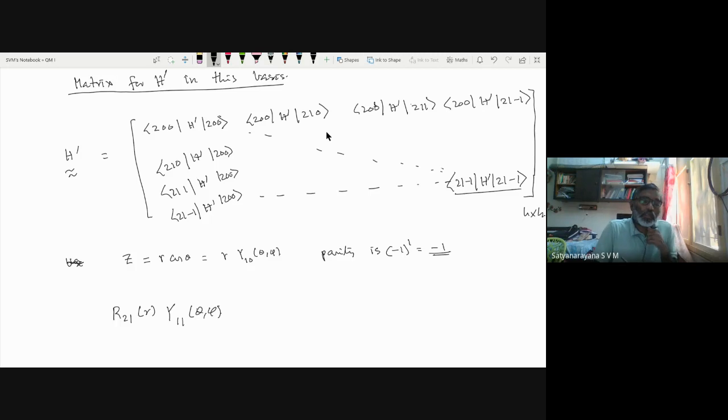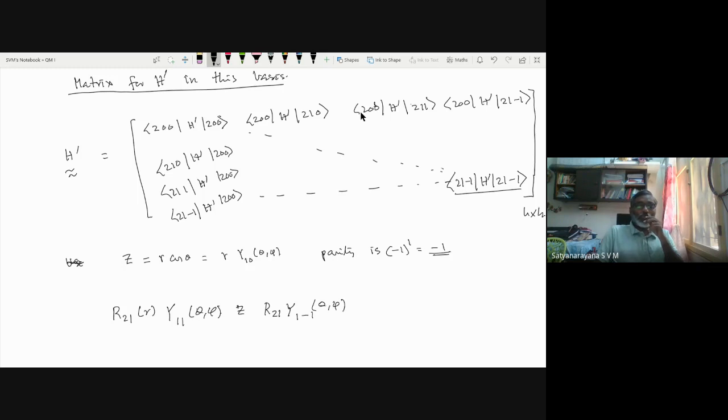This is the radial part, and then you have this z, and then you have R21 and Y1 minus 1 of theta comma phi.